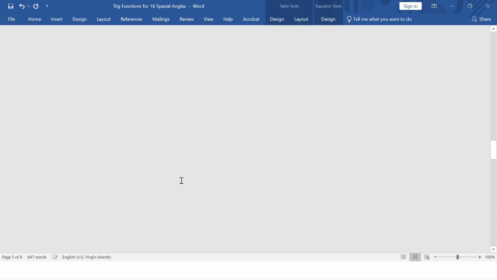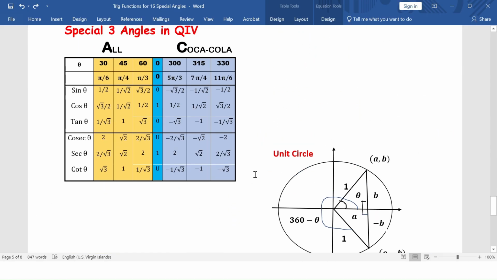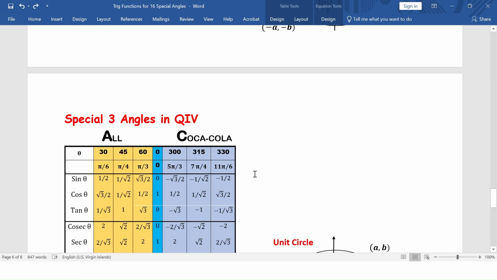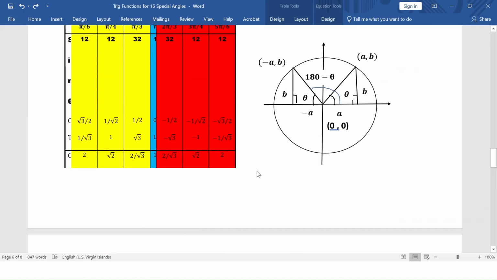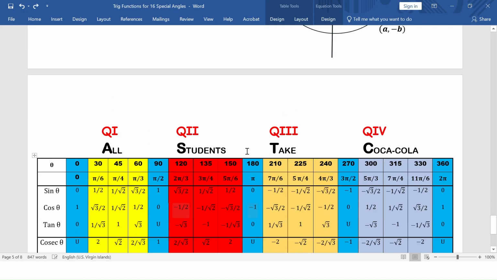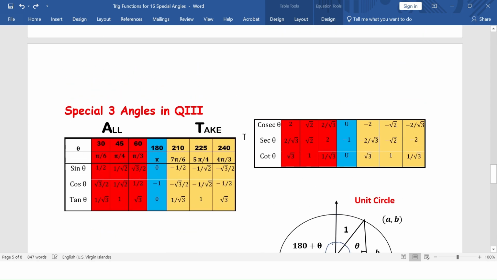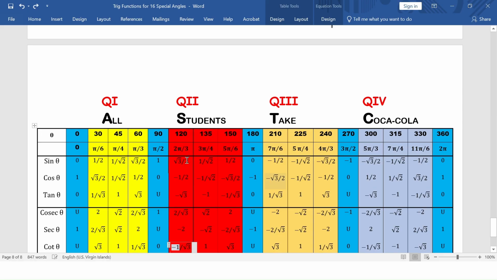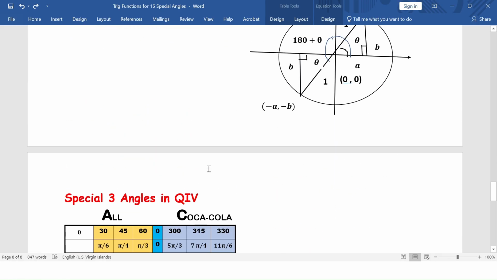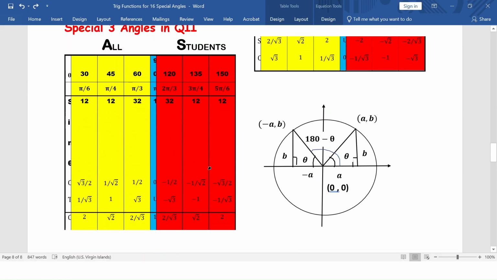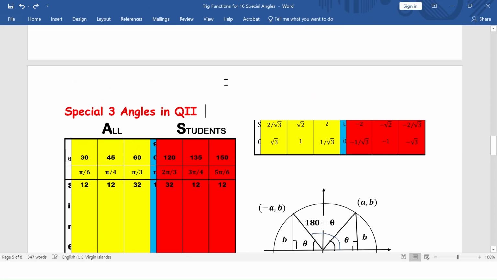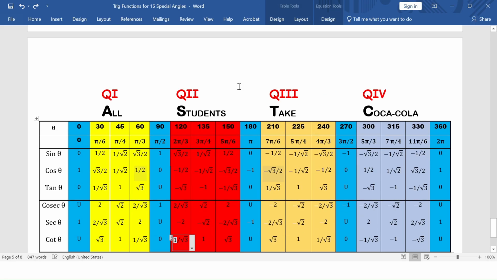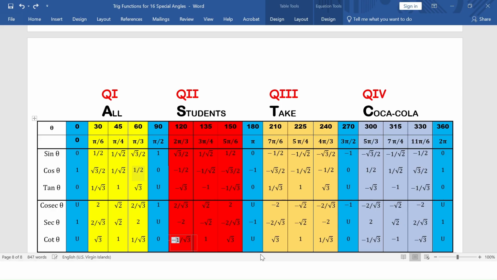Okay, because I'm shifting something. Let me undo. Where is it? It's not undoing, it's undoing the other thing. Let me redo all of them.